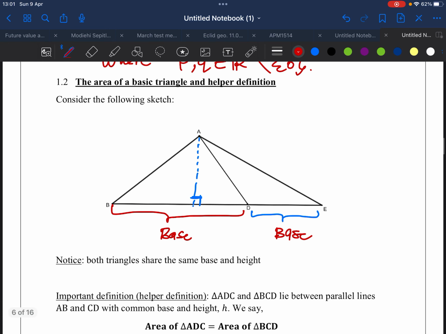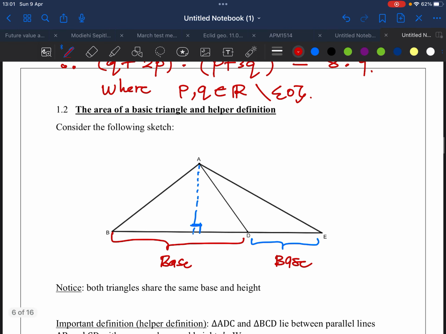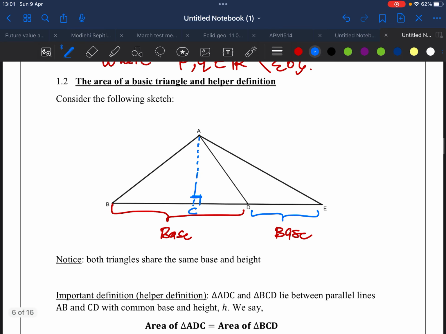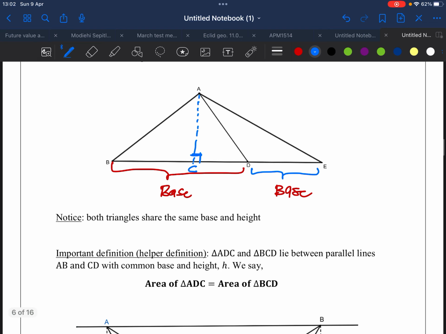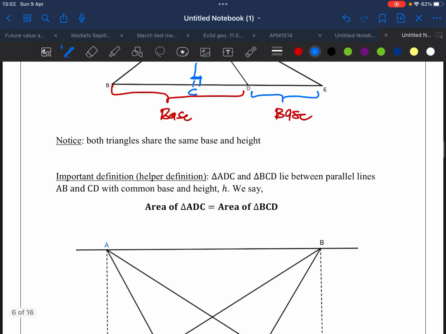Okay, so both triangles share the same base and height, if you can check. So now the line A to, let me call this C. Okay, so AC is our perpendicular line and it is shared by both triangles ABD and ADE. So they share the same base and height there. So now going to our helper definition.